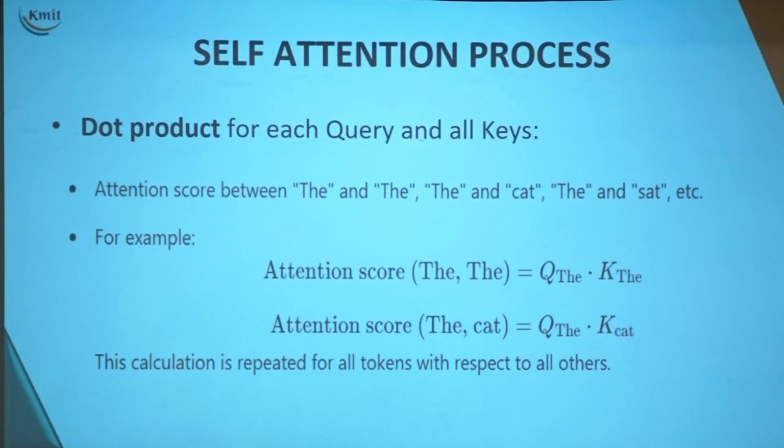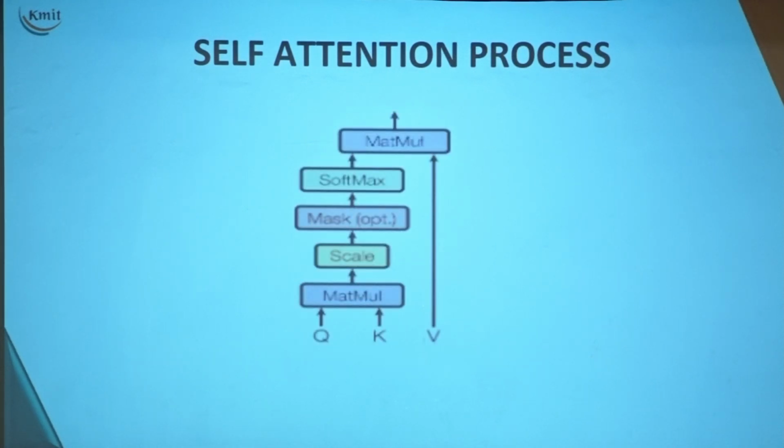Query is the, key is also the. Then query is the, key is cat. Query is the, key is sat. Are you understanding? For all these you will calculate the attention scores. So this is the process. You take the query, you take the key, you apply the dot product multiplication, you scale it, and then what do you do?